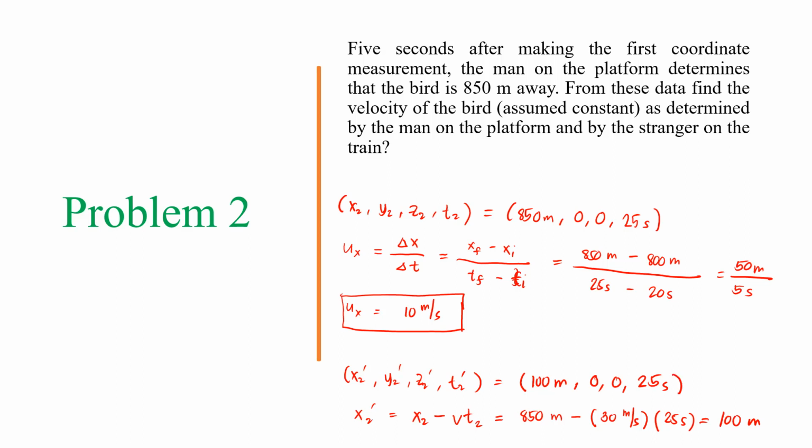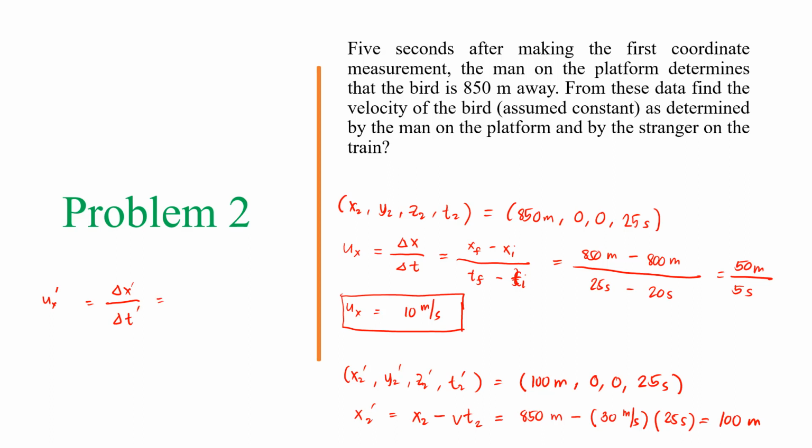Alright, and then to find u sub x prime, so this is the velocity of the bird in the second measurement as measured by the man on the train or the passenger on the train. So we have u sub x prime is equal to delta x prime over delta t prime.